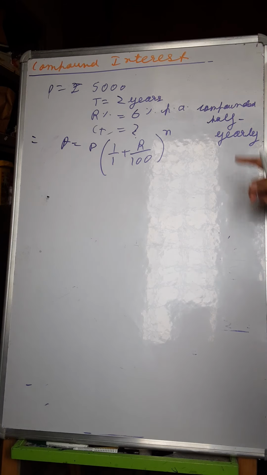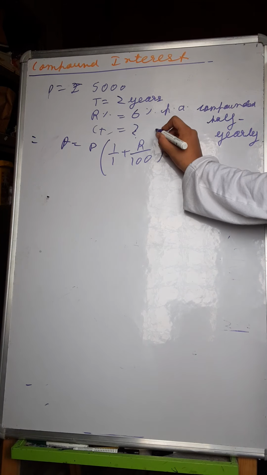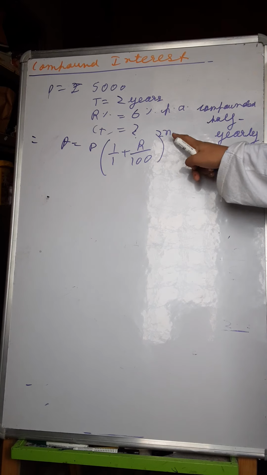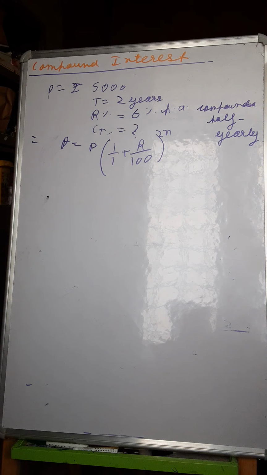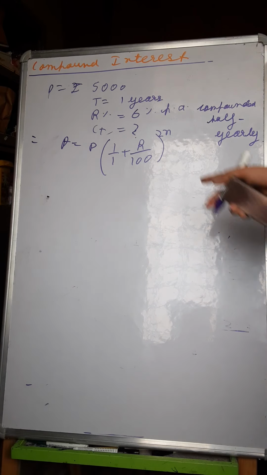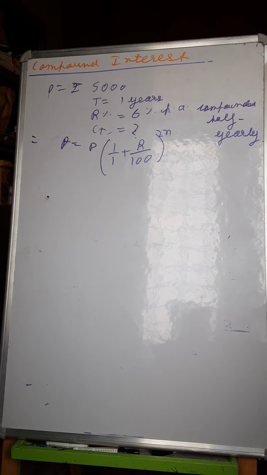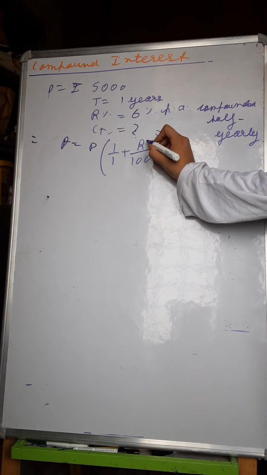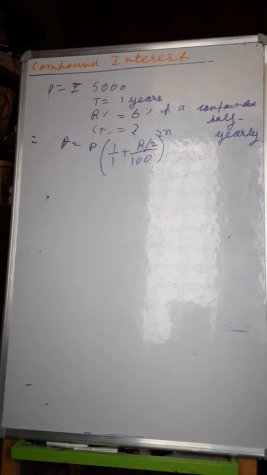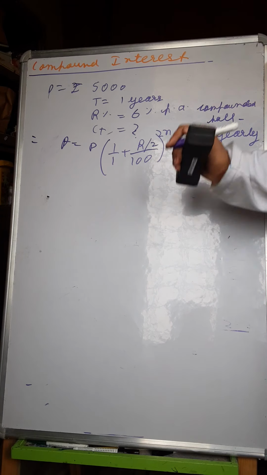When it is compounded half yearly, you shall multiply your n, which is your time, which we have now changed to 1 year so that the numbers don't come out massive and it's easier for you to understand, by 2. And one more thing: your rate shall be divided by 2. Remember, it is being compounded half yearly, half means your rate shall become half.